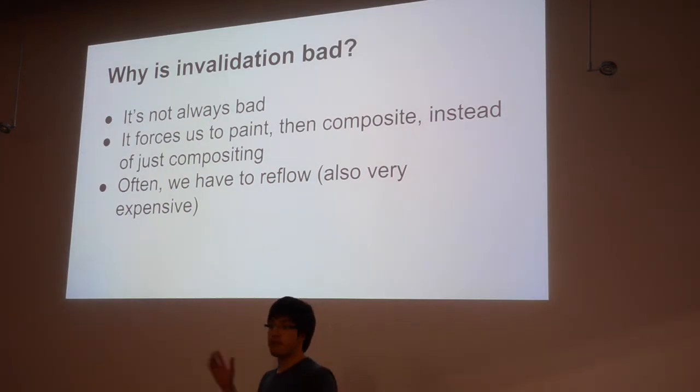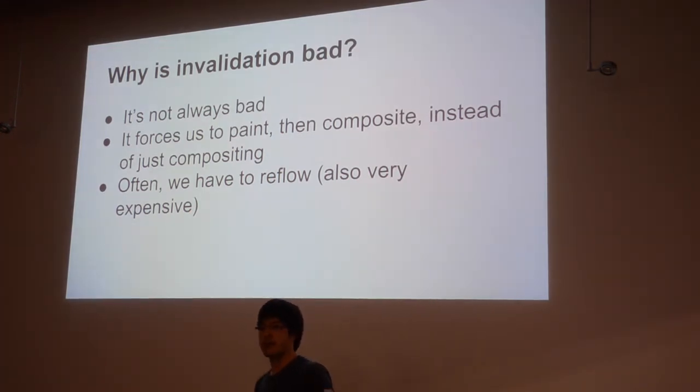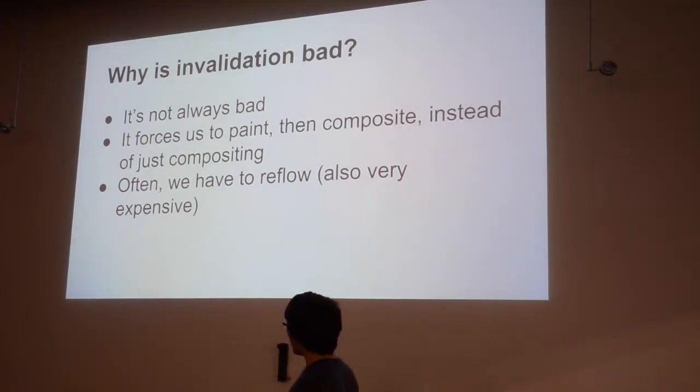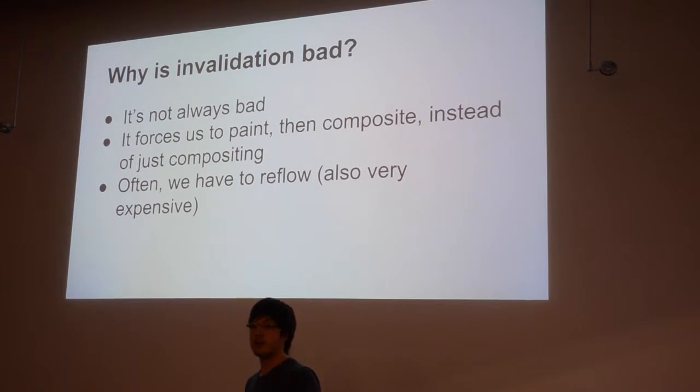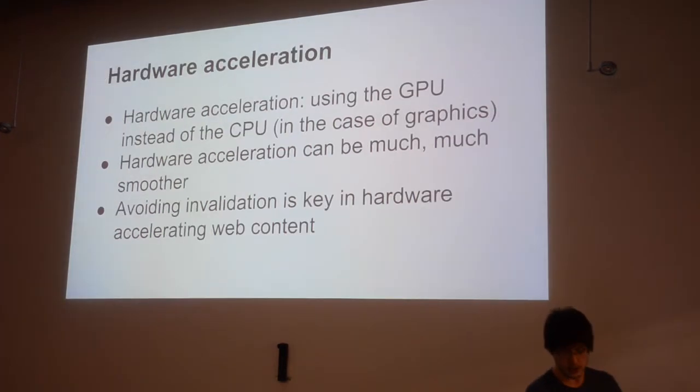But the reason it's bad when we're doing animations and transitions is because it forces us to repaint and then composite instead of just compositing alone. And remember, painting is a very expensive operation. And often, if we're invalidating things, we sometimes have to reflow them as well. Reflowing is a very expensive operation, but that's more of a bottleneck for the CPU and not the GPU. Any questions so far?